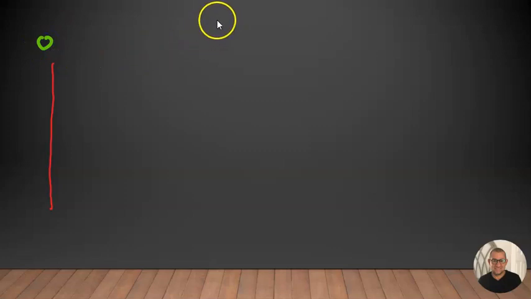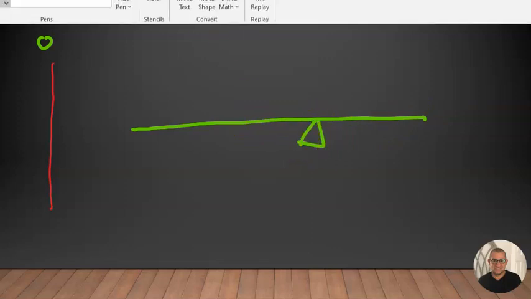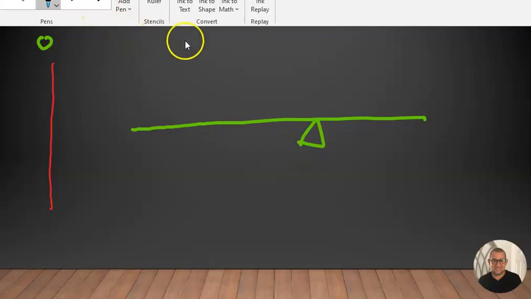We're going to do my little seesaw again as best as I can. I'm going to put my CG over here somewhere. So we know the datum is position 0.